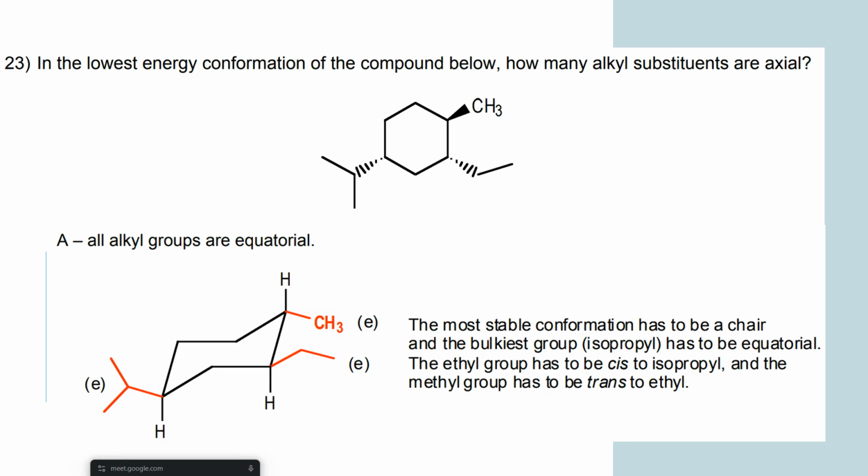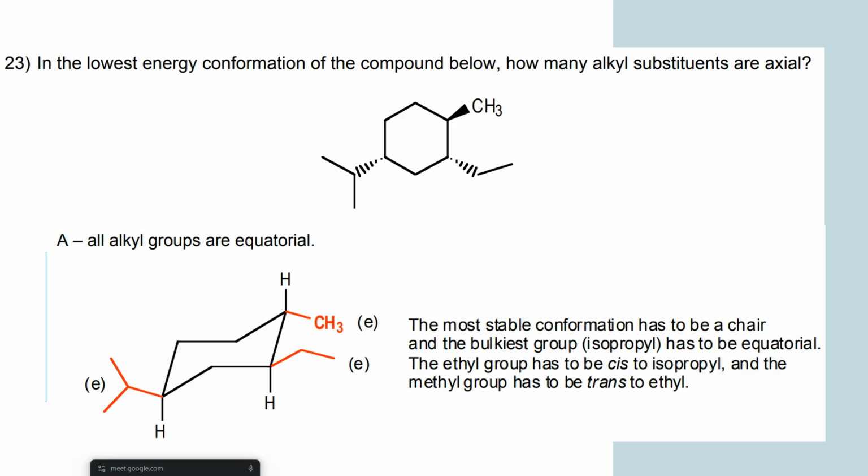You have to note that the bulkiest substituent here, the isopropyl, has to be equatorial. If you place it in any of the axial positions, it will cause enormous steric congestion in the molecule, and hence it will be highly unstable.